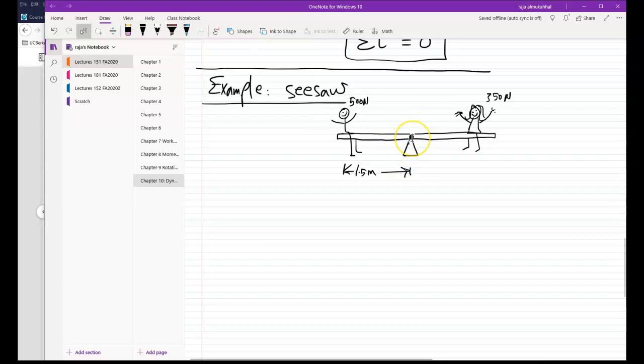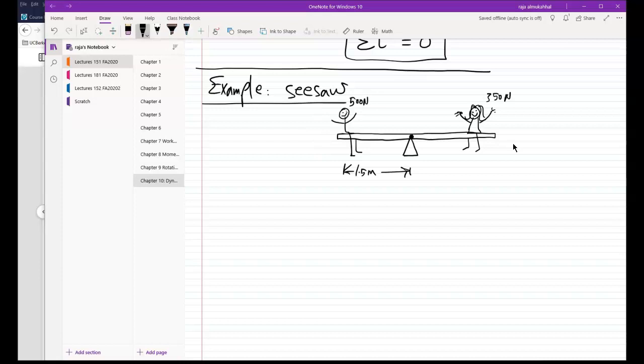The two children are going up and down about the axis of rotation. If you look at the motion of the seesaw on this side, it's going to make an arc like that, and on the other side an arc like that. You get the idea? I hope you are visualizing all that. This is important to visualize.